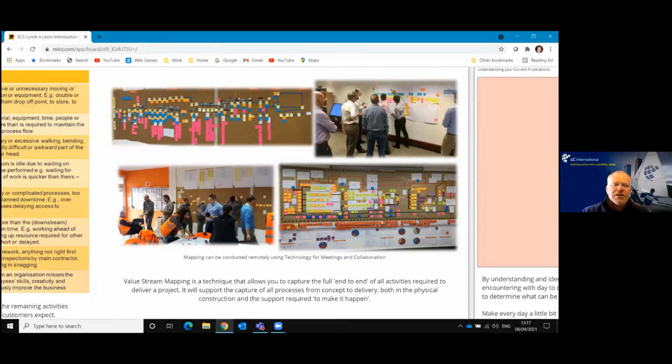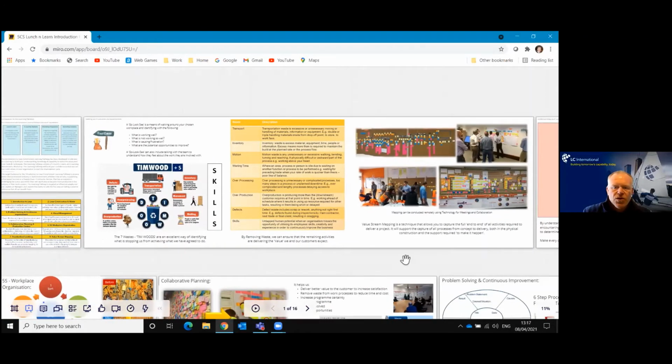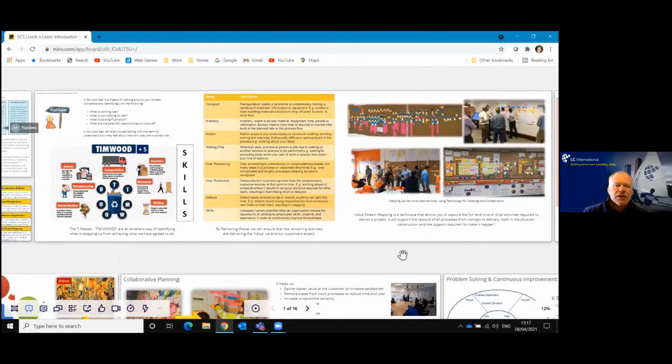So that's a brief snapshot of those three techniques we can use to go out to deeply understand our process. It's about Go, Look and See to deeply understand. Talk to your people, understand what frustrates them within their processes. Use the 8 wastes to identify where things are hidden that's taking us away from what is important for the work to be done to complete that project on time and in full.